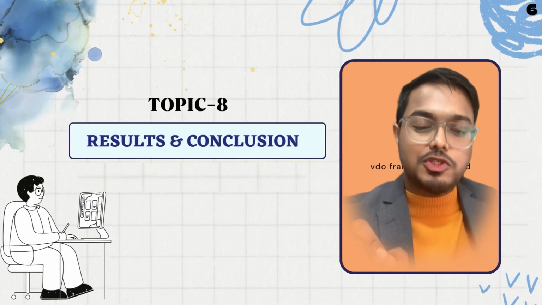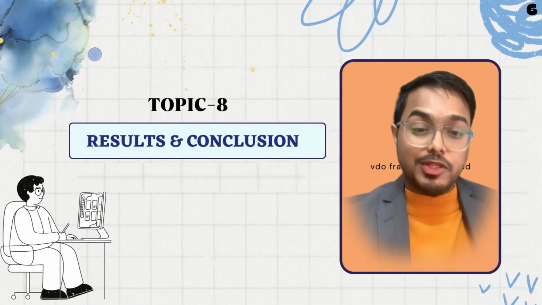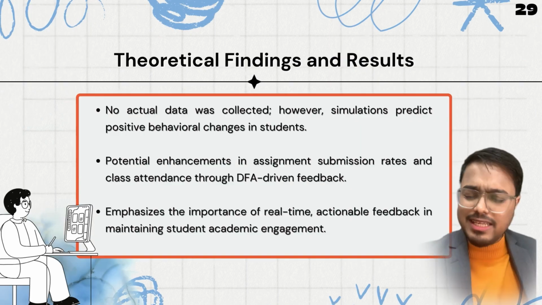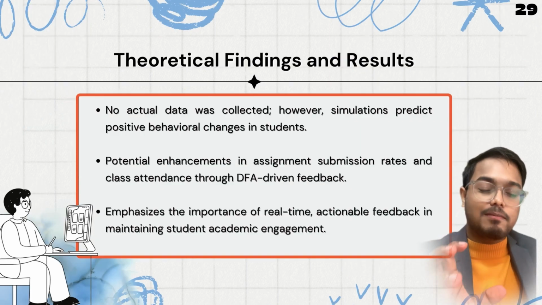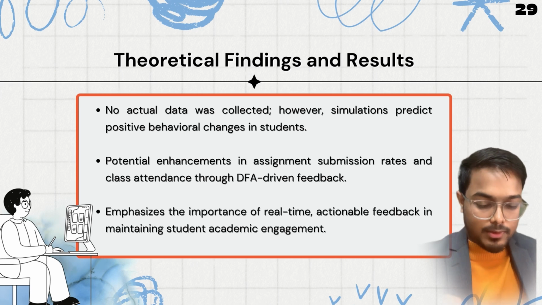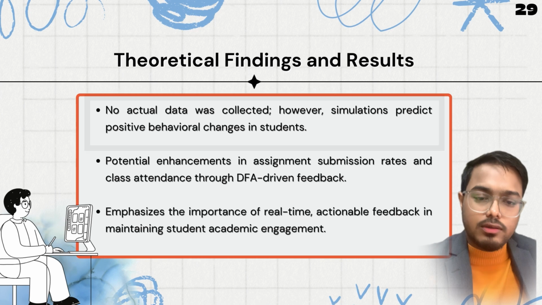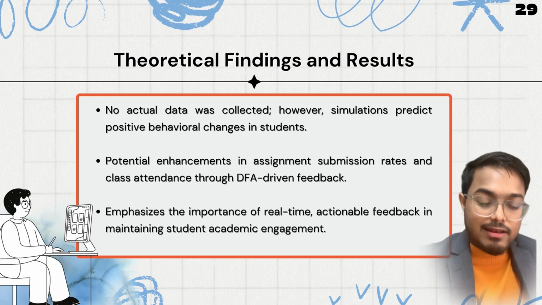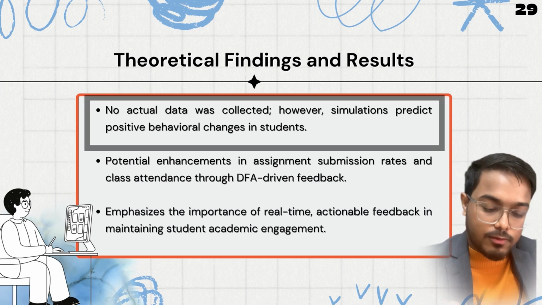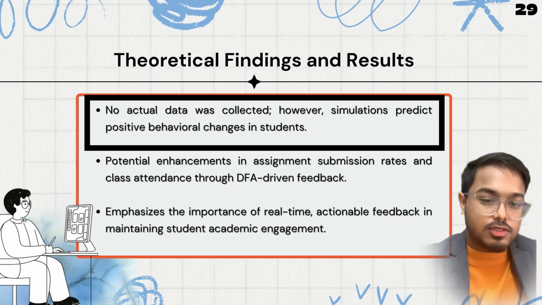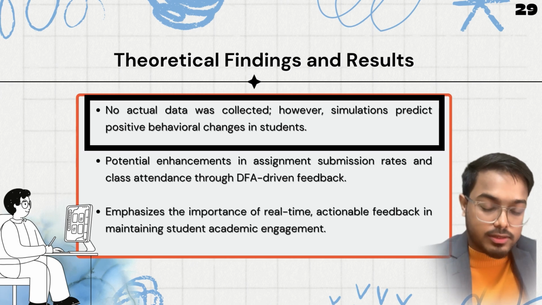Let's now move on to discuss the final part of the presentation, the theoretical findings and conclusion. Since the development of the solution was beyond the scope of this paper, no actual data was collected. However, simulations in JFLAP predicted positive behavioral changes in students because of the theoretical system.